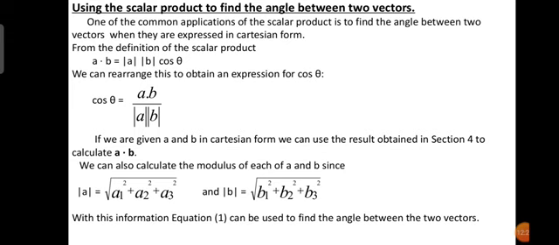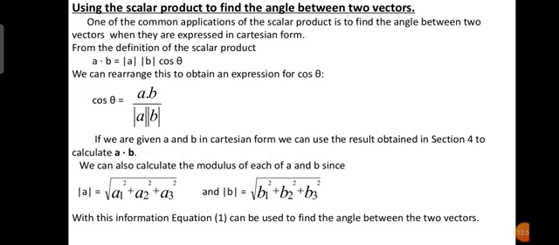If it is in three dimensions, we have to find the square root of the three squares. That means modulus of A is root of a1 square plus a2 square plus a3 square, and modulus of B is root of b1 square plus b2 square plus b3 square. This is also easy. Cos theta, that means you have to find the angle.